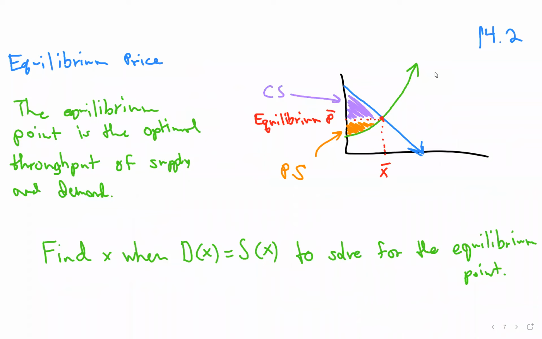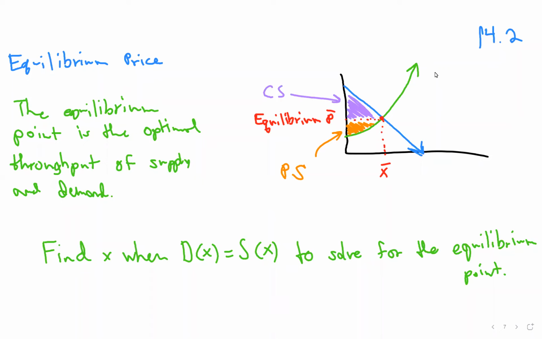Let's talk a little bit about equilibrium price. Now, if you're paying everyone equally and you're charging everyone equally, there's an equilibrium price that you're able to determine, which is this X bar, P bar, where your CS and your PS would end up being equal to each other. The way that you can find that is by setting the demand price equation equal to the supply price equation.